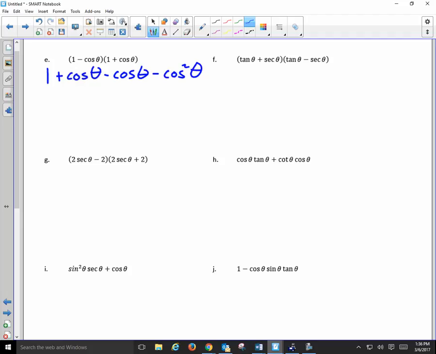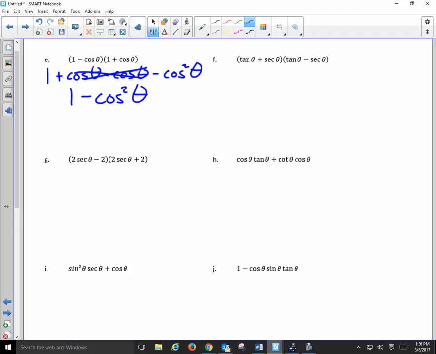Negative cosine squared. Hey, what happens in the middle? Why do they cancel? What do we call that when it's a minus and a plus? They're conjugates, okay? So the middles go away, and you're left with 1 minus cosine squared of theta.